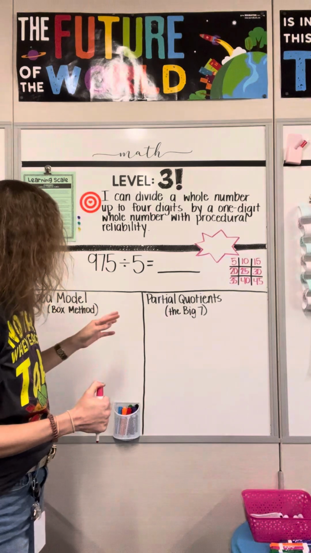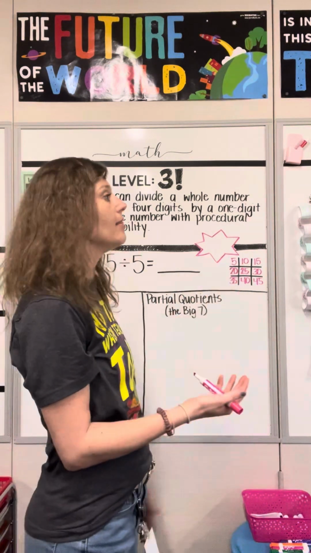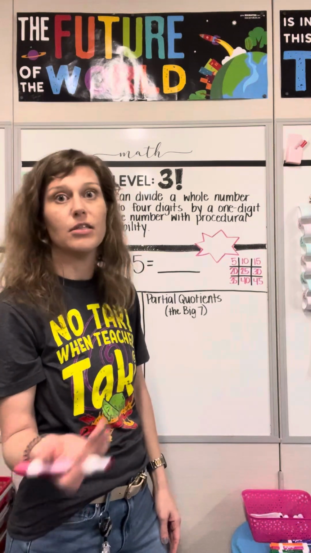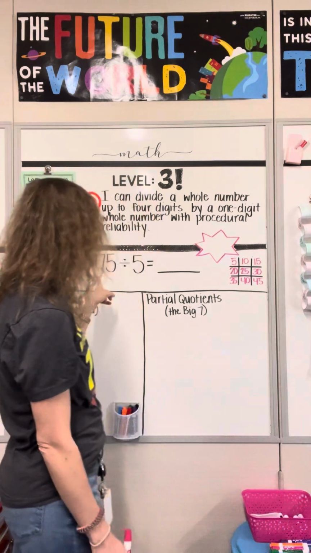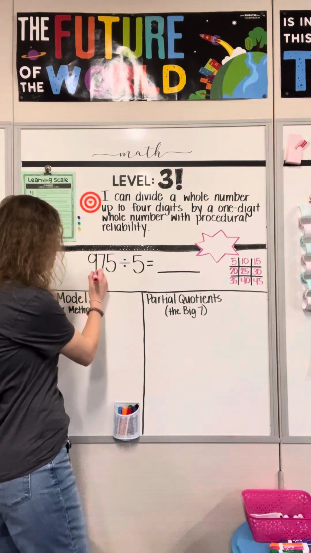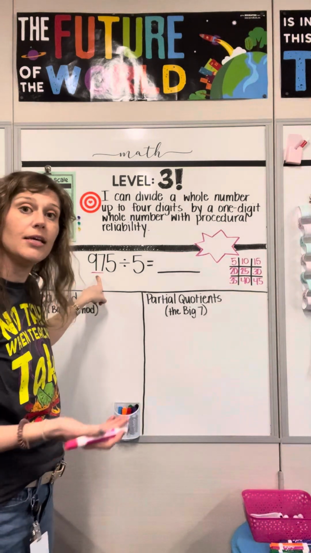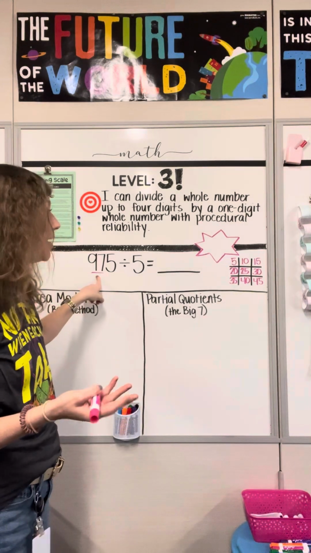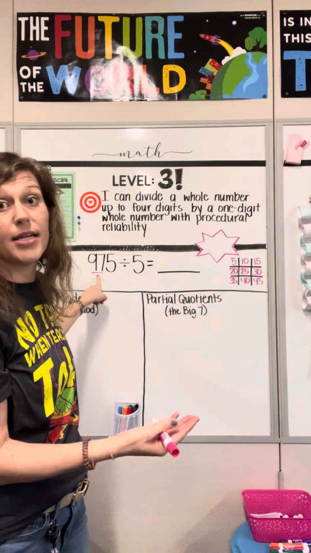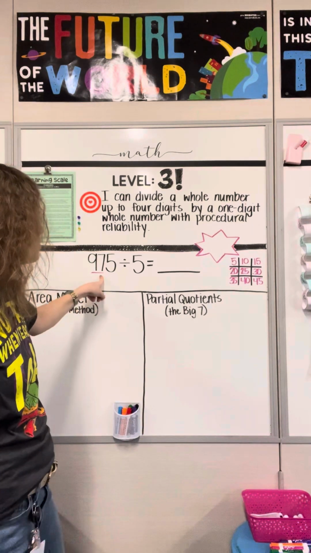Before we start solving anything, we also need to estimate. That way we know if our answer that we come up with is going to be reasonable or not. So we're looking for a compatible number. If we look at the number 9 here, we want to see how many times 5 can go into 9, or just the closest multiple to 9 that we can get by using the divisor of 5.